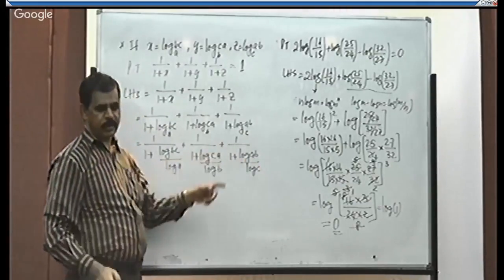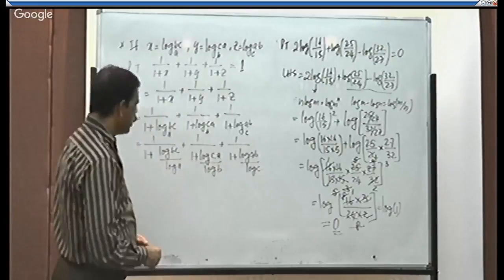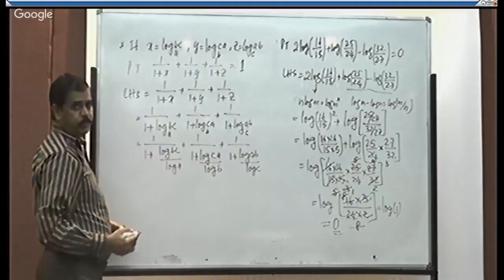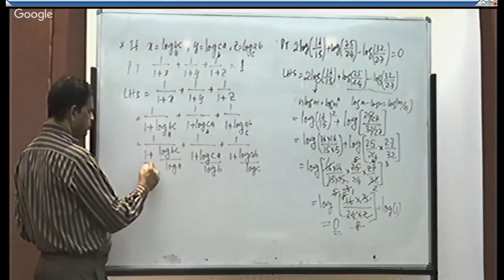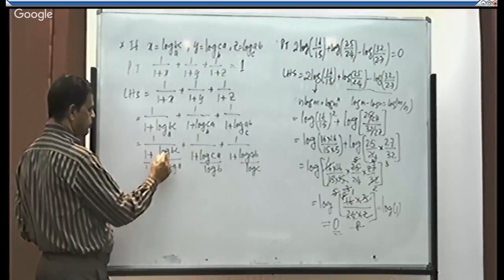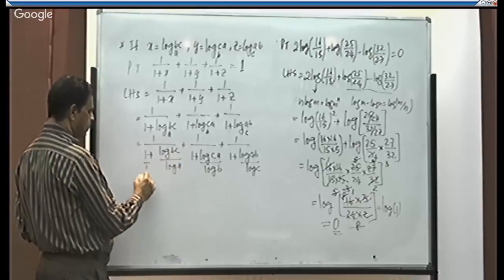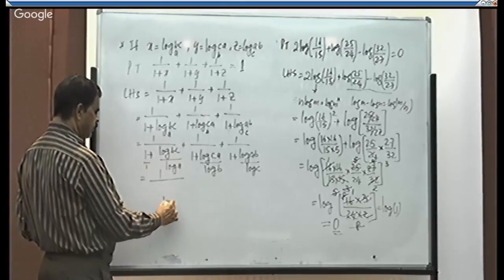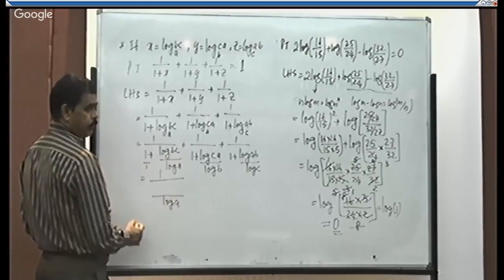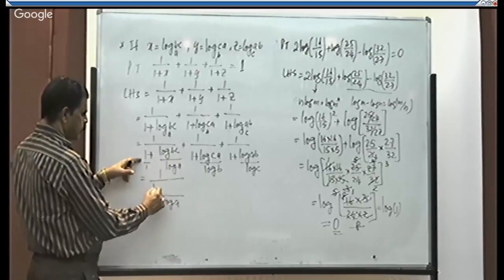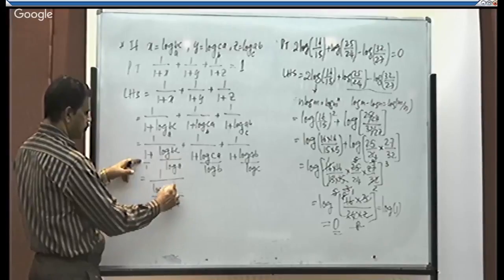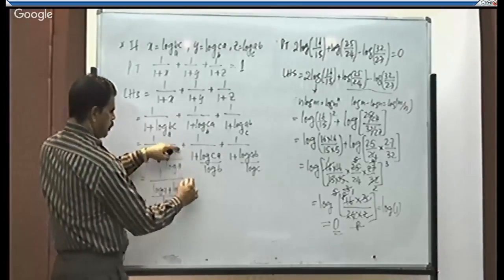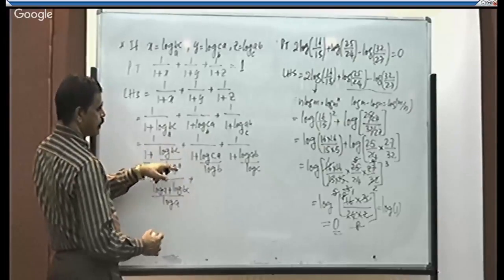Change of base law. Next, in each term of the denominators, take the LCM. So here what is LCM? Plus log BC by log A. Therefore LCM becomes what? 1 divided by log A is LCM. When log A is LCM, this becomes what? Log A plus log BC. Next, come to the second term.